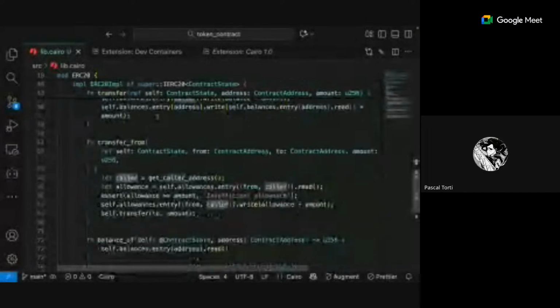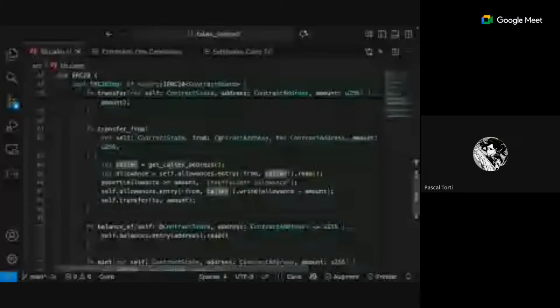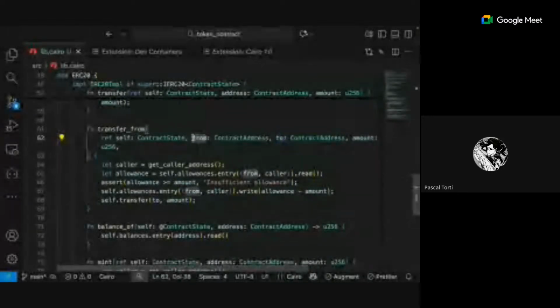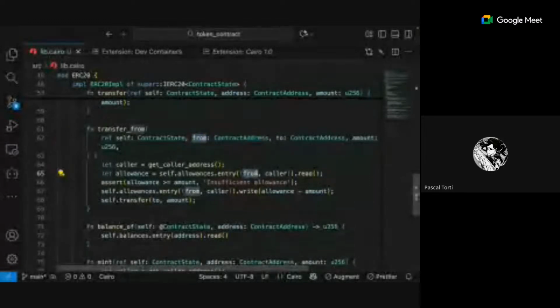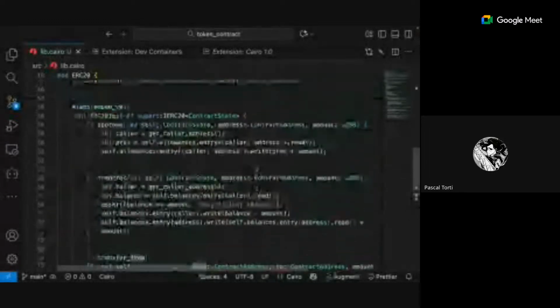Now, if you go back to this transfer function, this transfer from, you will notice that you are transferring from this to this. So we are transferring on behalf. The person we are transferring from, on behalf of this person, now comes first. Yes.